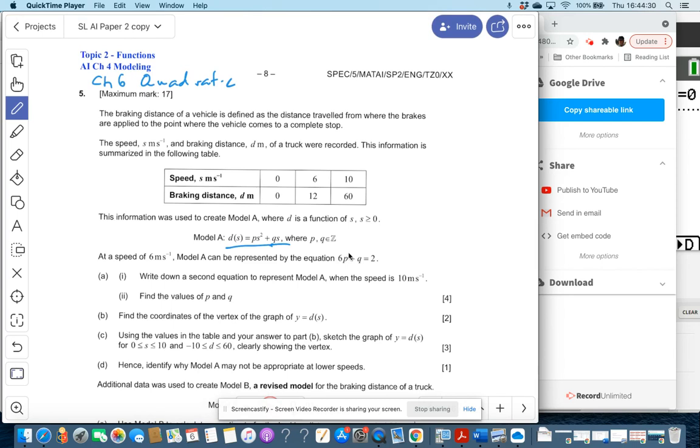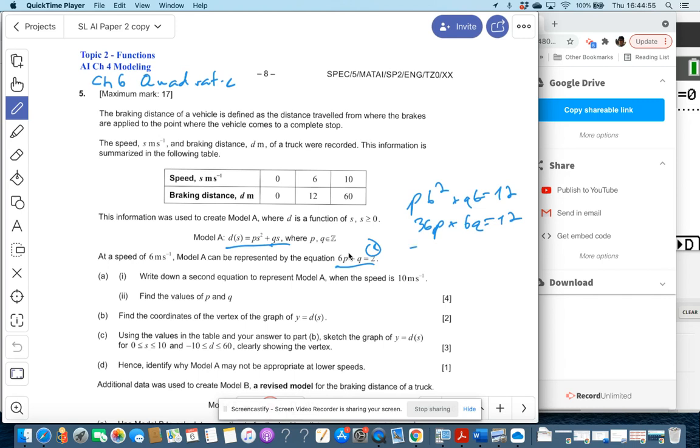So they came up with this first equation. We'll call that equation 1. They came up with it by doing p times 6 squared plus q times 6 equals 12 for y. Okay, so that's 36p plus 6q equals 12.